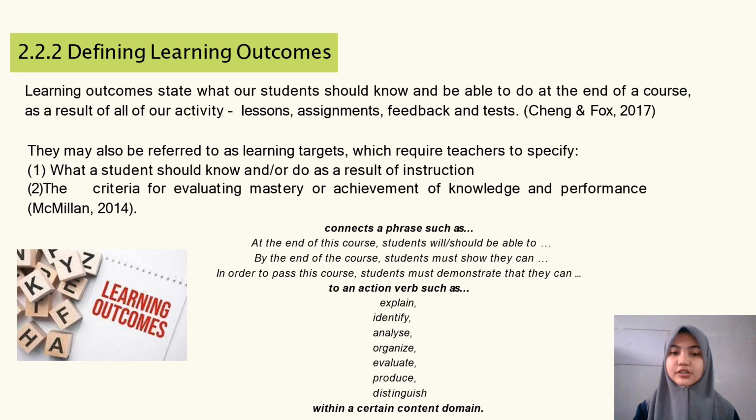And the last, in order to pass this course, students must demonstrate that they can blah blah blah. And then here are some action verbs. They are explain, identify, analyze, organize, evaluate, produce, distinguish, and many more. We usually find those phrases and action verbs in the syllabus of the course.